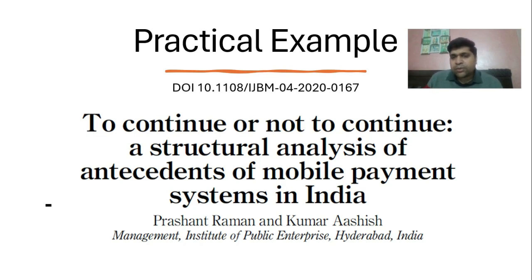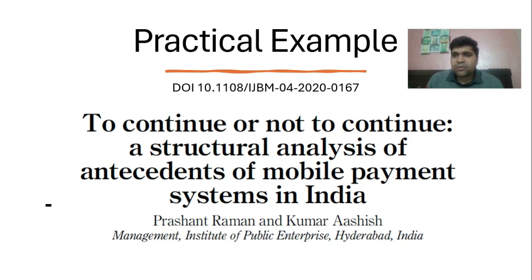Now this is a paper by one of my friends, Kumar Ashish. He's working with Jaipuria Institute, a very good friend of mine, and he has published this wonderful paper in an A category journal, a Scopus SSCI journal, the International Journal of Bank Marketing. You can see the DOI, IJBM, and a very neatly designed topic: To continue or not to continue, a structural analysis of antecedents of mobile payment system in India.